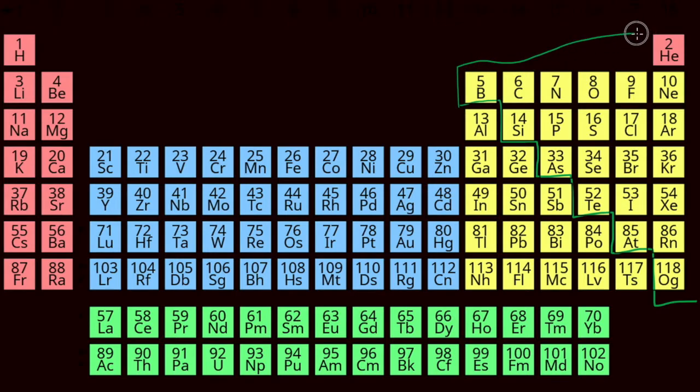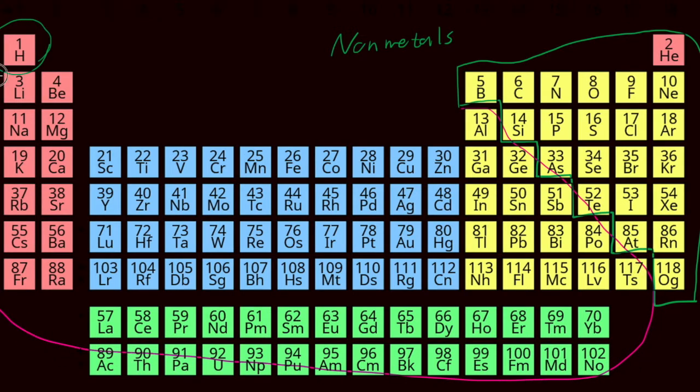So this right here, what I'm circling here, plus hydrogen, is going to be our non-metals. Everything else on the periodic table, let's do it in pink, is a metal. All of this stuff, all of these are metals.